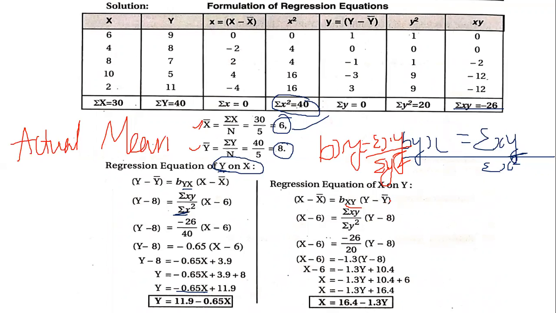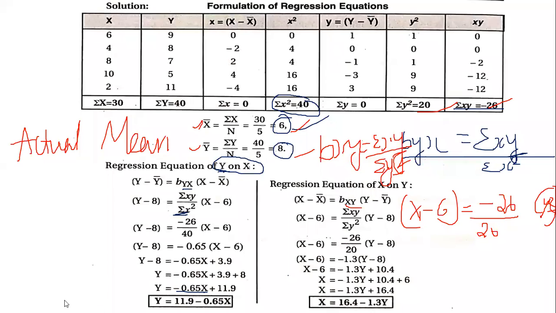Now, x minus, what is x bar? 6 into, is equal to sigma xy is minus 26 divided by sigma y square is 20 into y minus y bar is 8. So y minus 8 is the value.